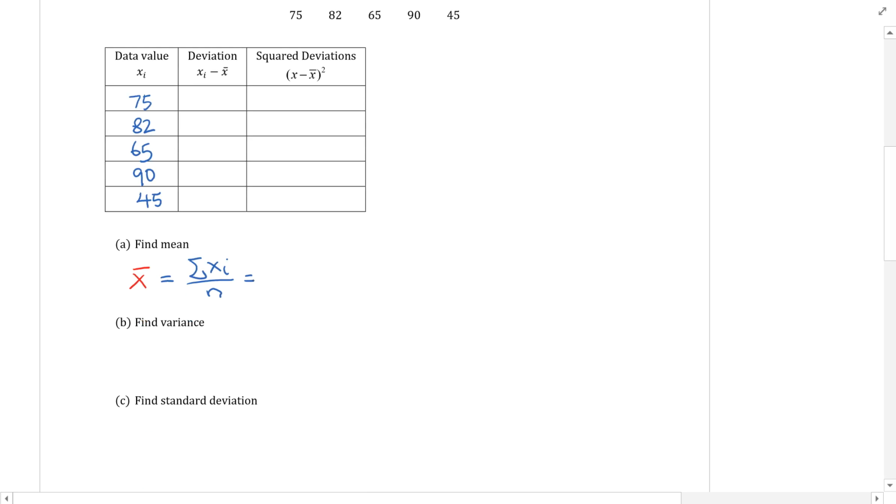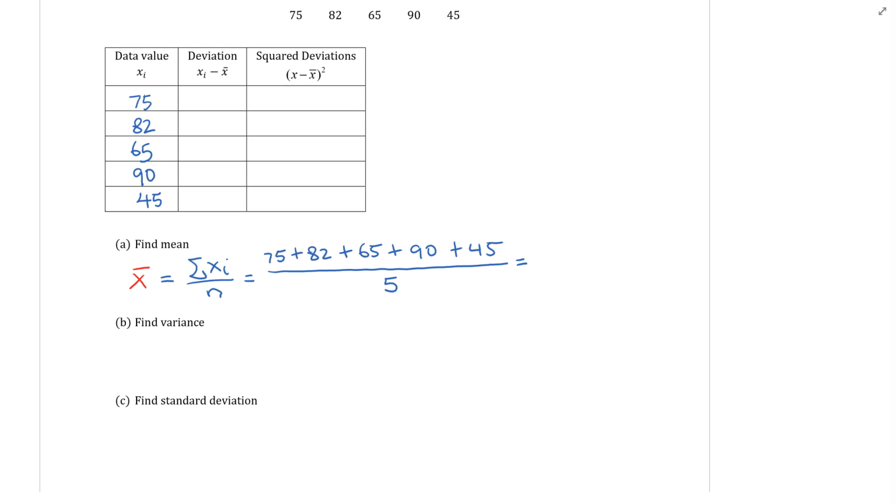When I add it up, it's 75 plus 82 plus 65 plus 90 plus 45, and the sample size n is 5 data points. Okay, so I got 357 over 5, and that is equal to 71.4, the sample mean.